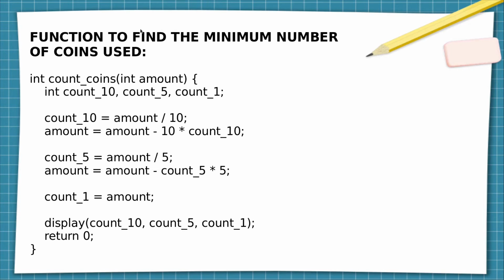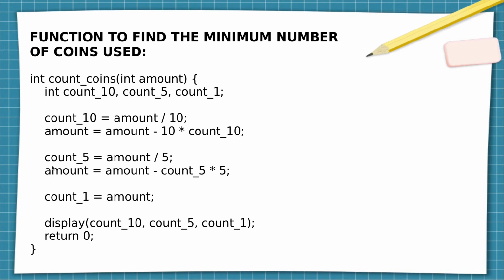In the countCoins function, we have taken 3 variables, count10, count5 and count1, to store the number of coins used of denominations 10, 5 and 1 respectively. To find how many coins of denomination 10 are to be used, we divide the amount by 10 and then reduce the amount by the amount which is already paid using coins of denomination 10.